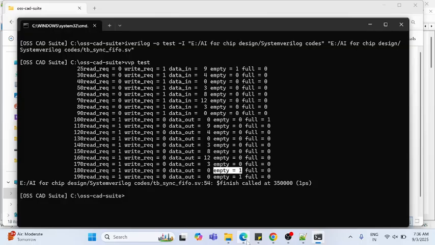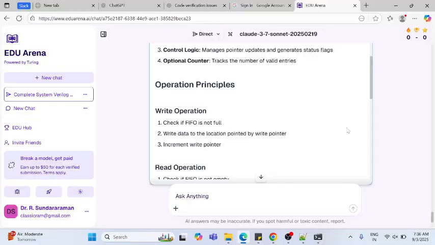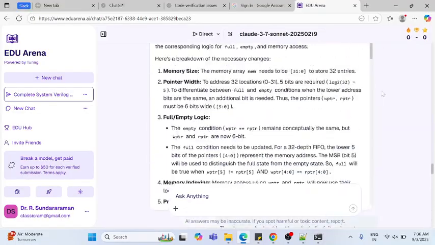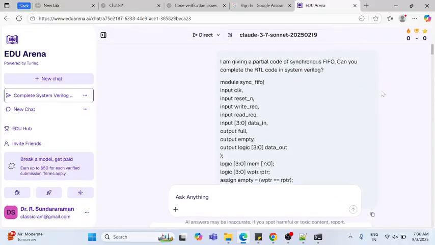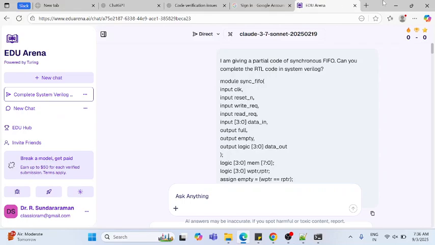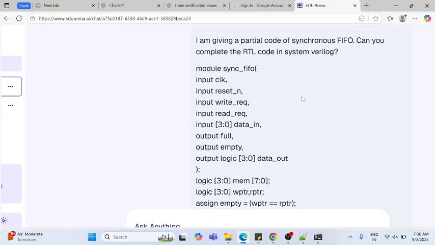Okay, now moving on to the code modification, LLM analysis. Here I first used Claude for this. I say I'm giving a partial code of synchronous FIFO.